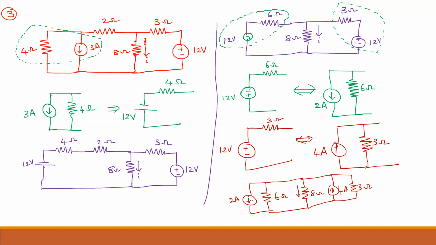Remaining, before solving this, you have to know that if two current sources, one is upward and another one is downward, and both are connected in parallel, let us take I1 and I2. If both are connected in opposite directions, then you will get the current I1 minus I2.